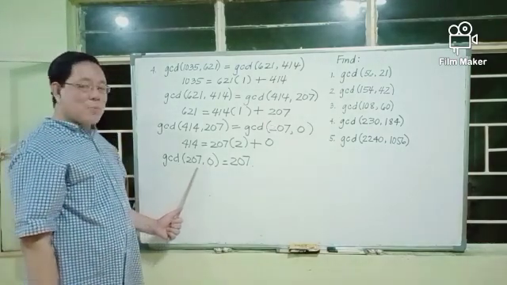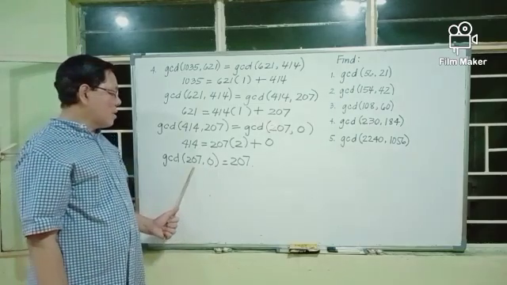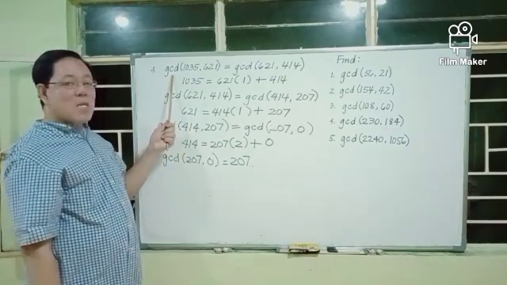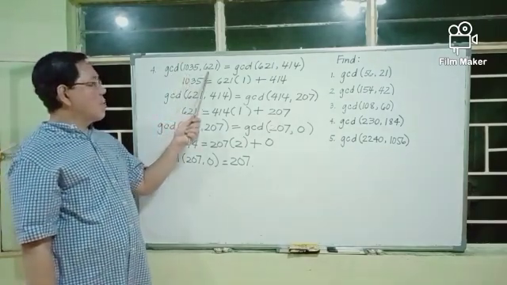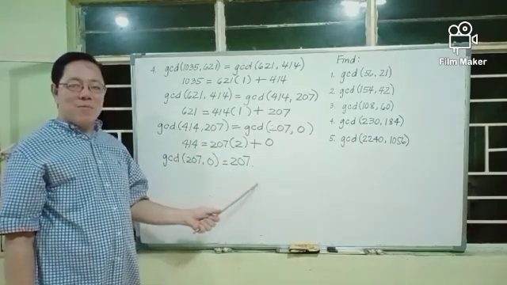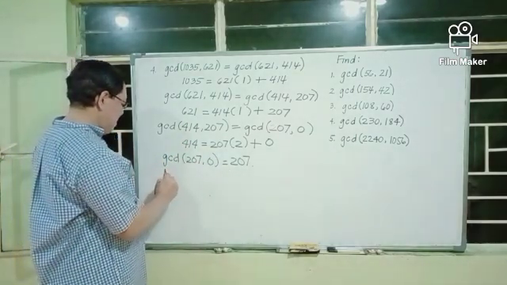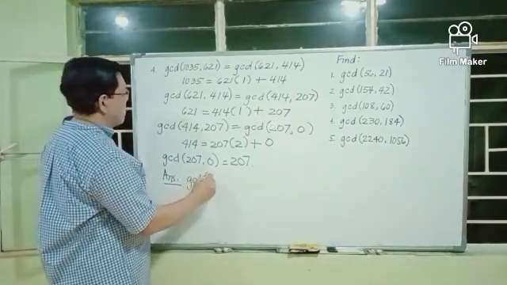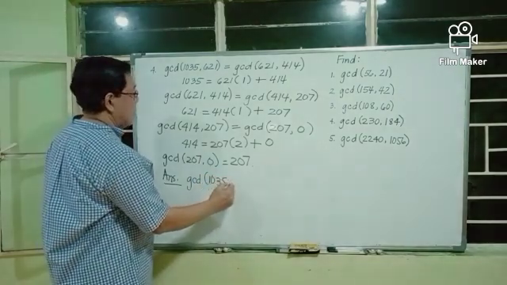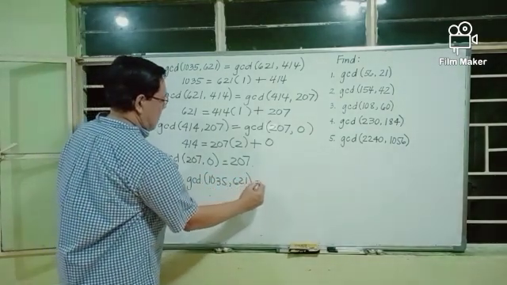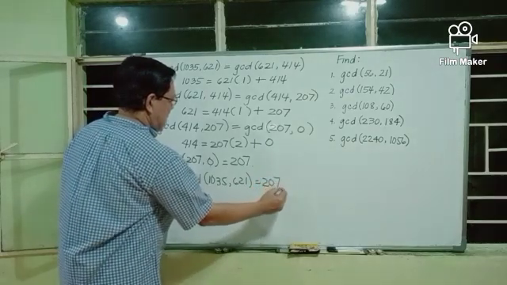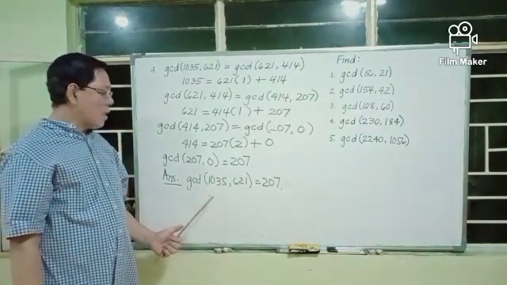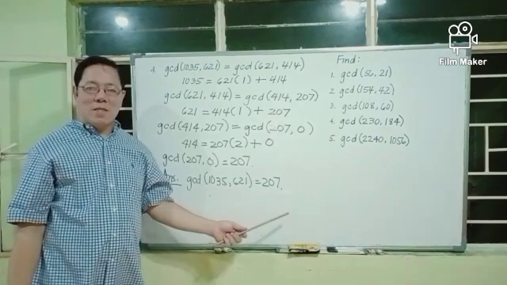The greatest common divisor of 207 and 0, where a now is 207, is equal to 207. Therefore, we conclude the greatest common divisor of 1035 and 621 is 207. Or the largest positive integer that can divide exactly 1035 and 621 is 207.